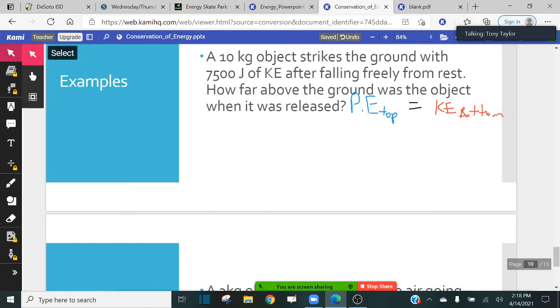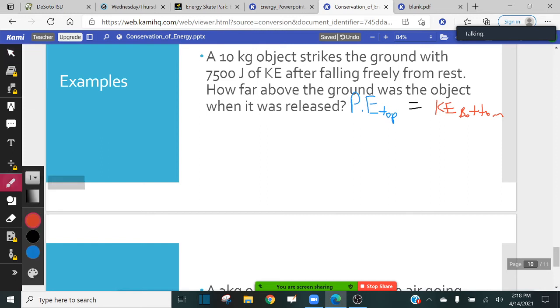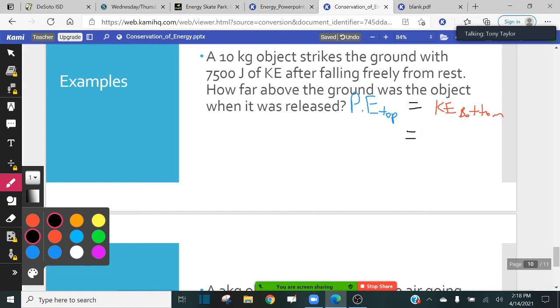We know that when it was released, by the time it hit the bottom, it had 7,500 joules of kinetic energy.